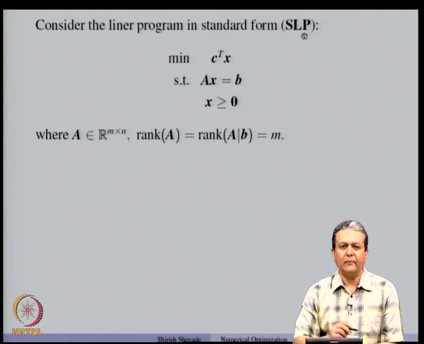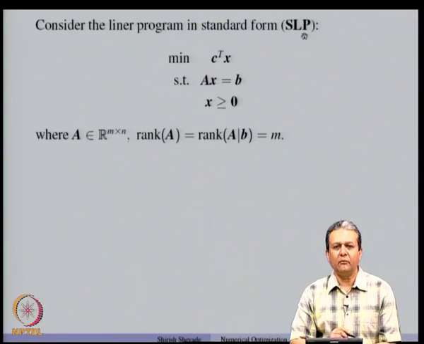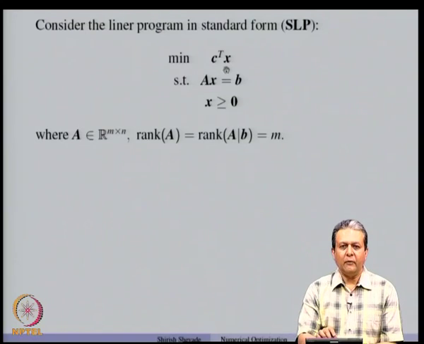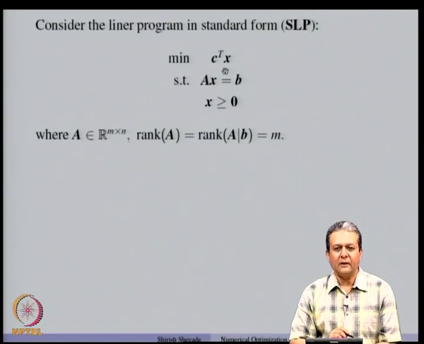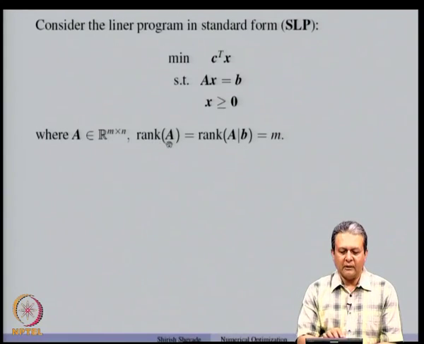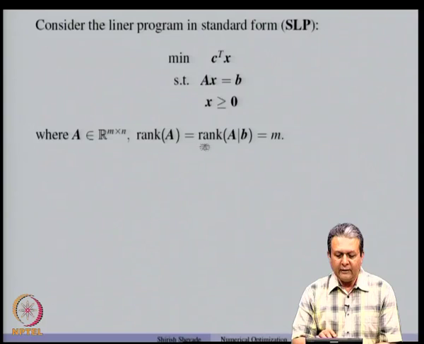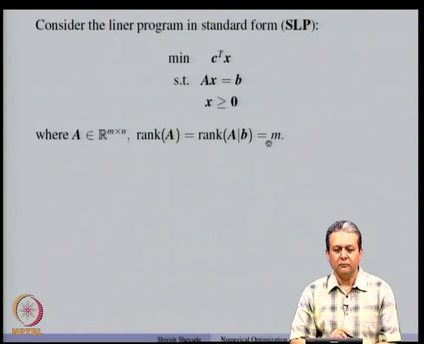We will call it SLP, the standard linear program, where we want to minimize c transpose x subject to Ax equal to b and x non-negative, and A is an m by n matrix, and rank of A is equal to rank of A appended with b, and that is m. So, A is a full row rank matrix and the rank of A is m. This also indicates that b lies in the column space of A and the system of equations Ax equal to b is consistent.